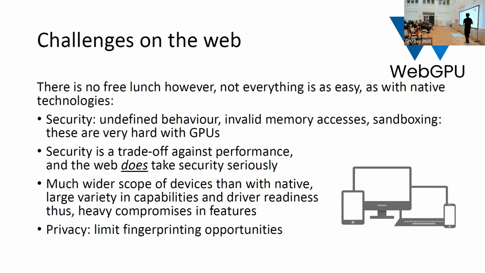It's quite a wide range, so they might have very, very different capabilities. So there might be a compromise in the features that you might want to access. And also the other thing is on the web, everything is about data, your data that everyone is interested in. And there are some limits of what you can query from a device, because that could be used for fingerprinting. And not everyone is happy with that.